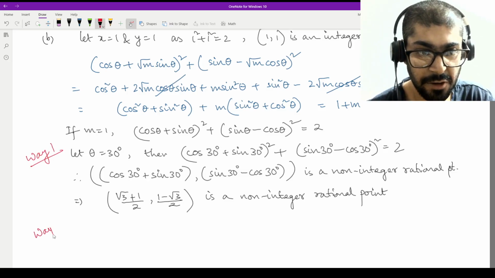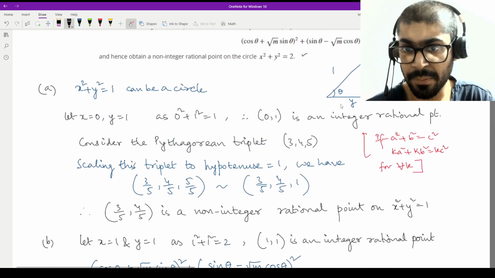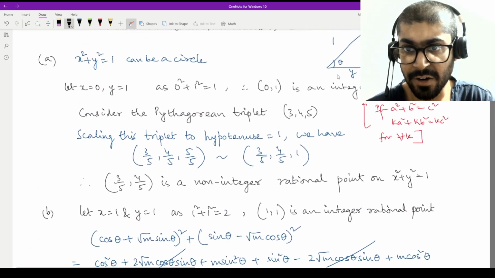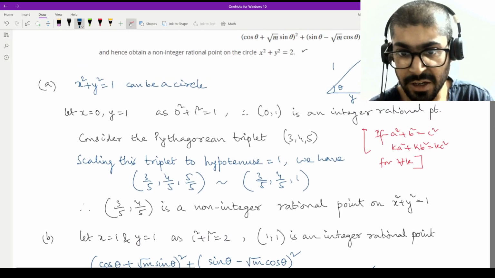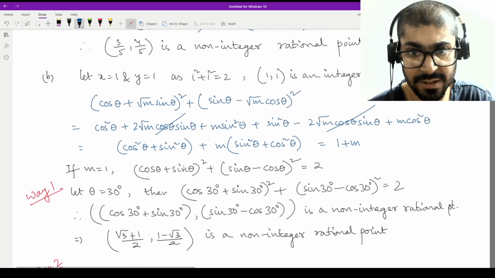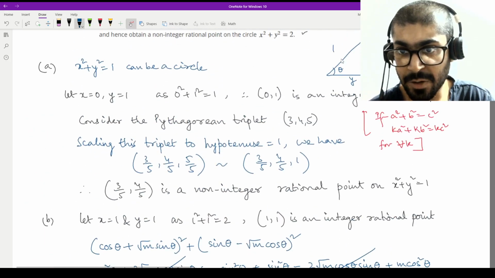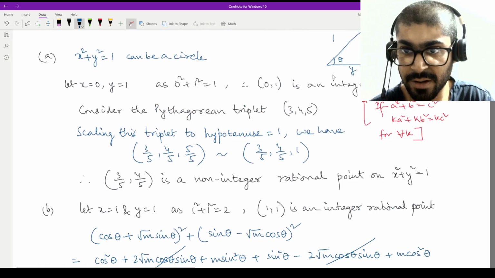For the second way, you could have just used the cos theta for this particular triangle, right? So in this particular triangle, if I take this to be 3 by 5 and this to be 4 by 5, I will have one more set of sine thetas and cos thetas, right? You can calculate sine theta from there and cos theta from there as well, isn't it?